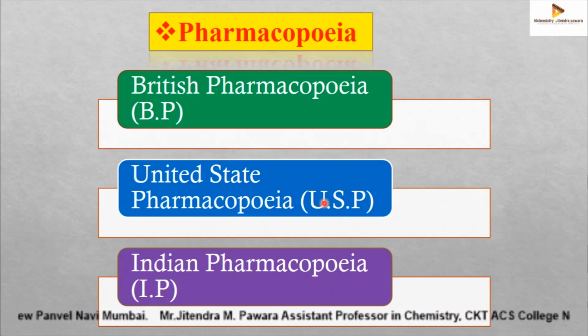The next one is our Indian Pharmacopoeia. The first edition of the Indian Pharmacopoeia, that is IP, was published in 1955. It had a large number of crude drugs and their preparations.